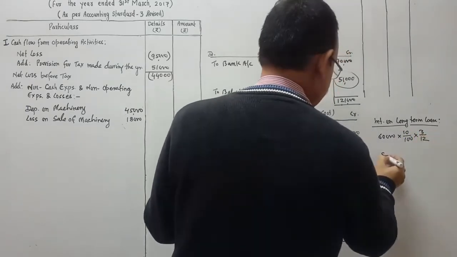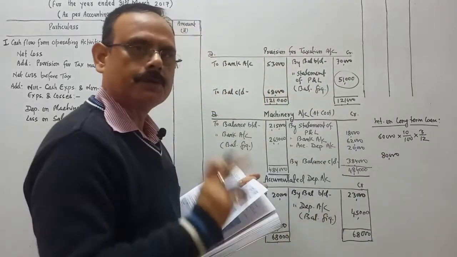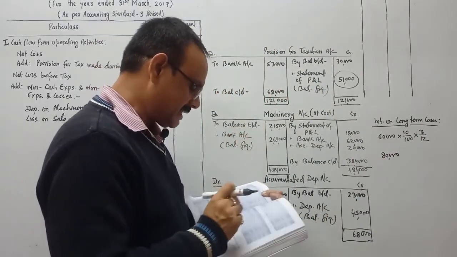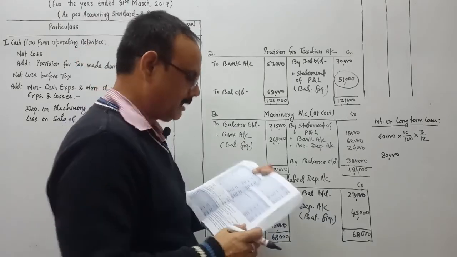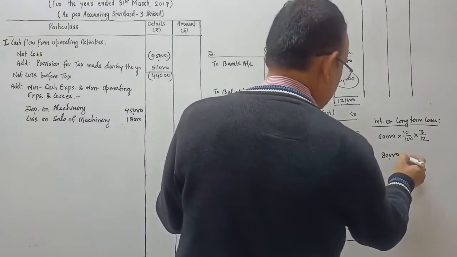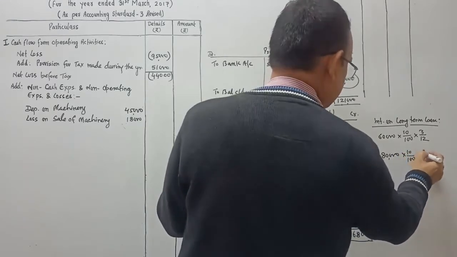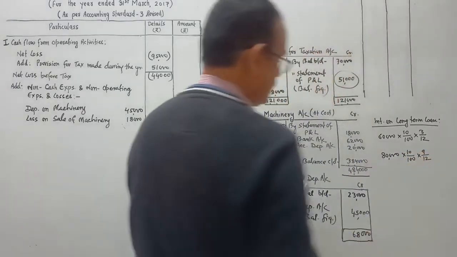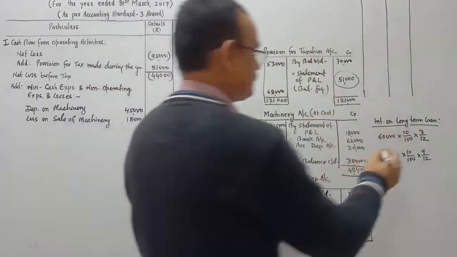Thereafter this loan becomes 80,000 because additional loan was taken on 1st July 2016 as per additional information number 1. So on this amount we will calculate the interest at the rate of 10% for 9 months, from July to 31st March 2017.